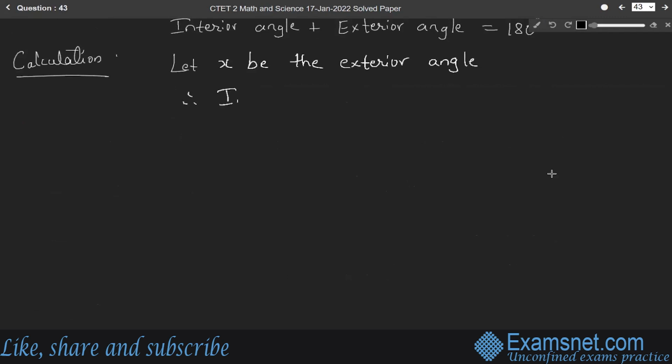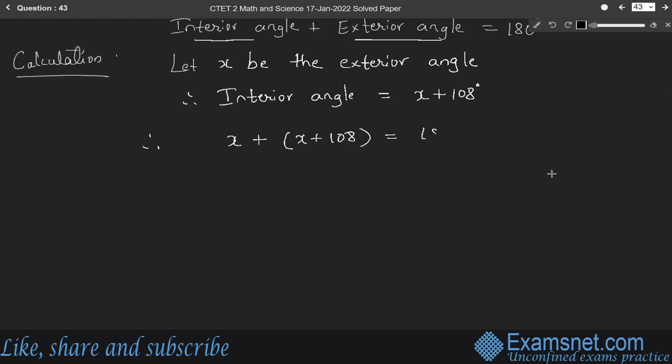Therefore, the interior angle is equal to x plus 108 degrees, which is given. Therefore, interior angle plus exterior angle, where the exterior angle is x and the interior angle is x plus 108 degrees, is equal to 180 degrees.